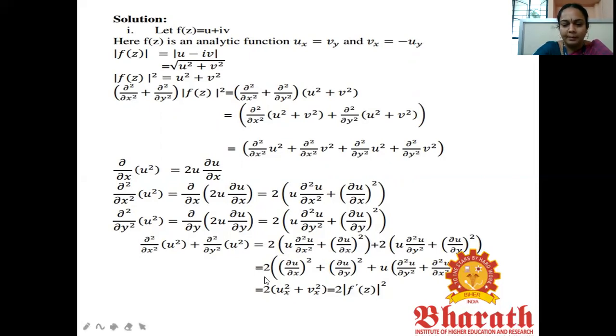So now it can be written as 2 of dou u by dou x the whole square plus dou u by dou y the whole square, written separately, and the u terms collected separately, that is u of dou square u by dou x square plus dou square u by dou y square. This is equal to 2 of ux square plus vx square, that is equal to 2 of modulus of f dash of z the whole square. This is also one property of an analytic function.